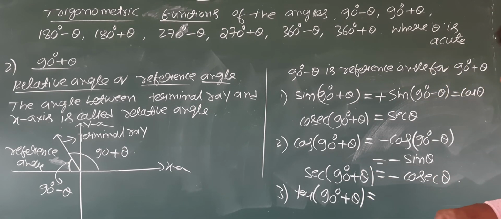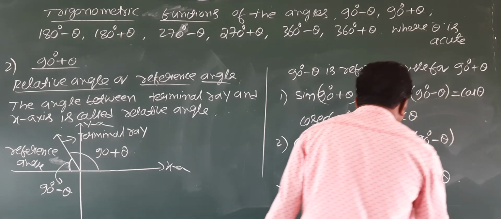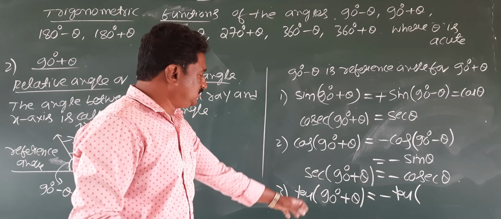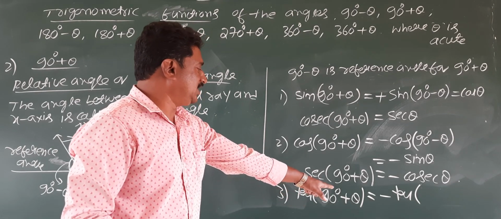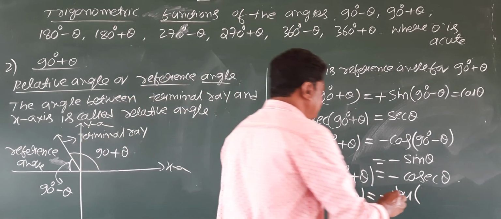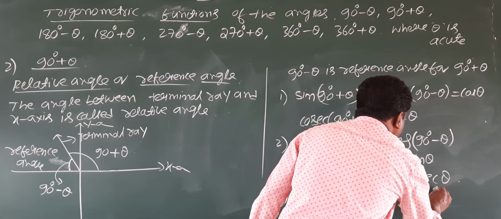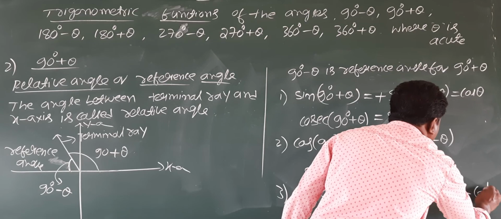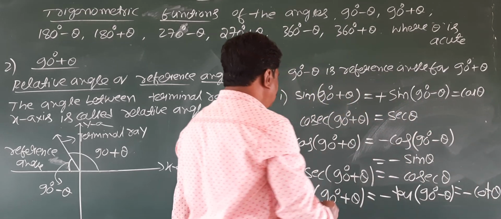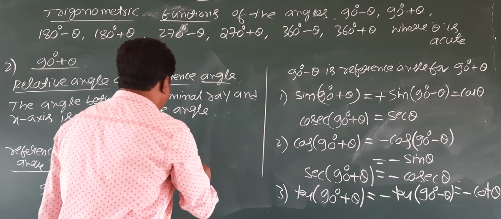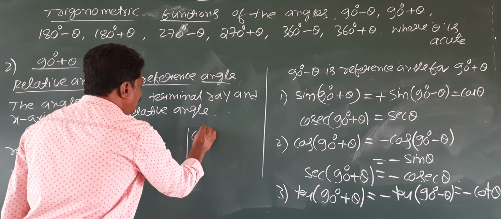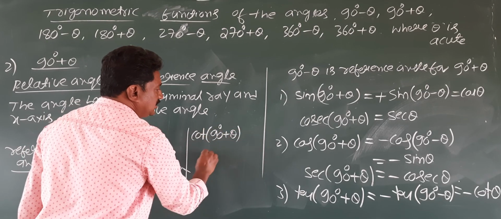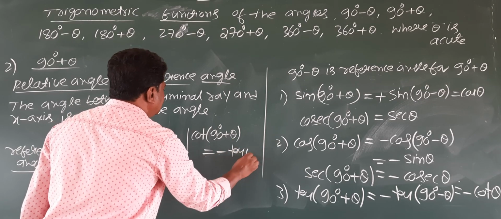Negative. So use the reference angle: the reference angle for 90 plus theta is 90 minus theta. So it is minus tan of 90 minus theta, which is cot theta. So the reciprocal: cot of 90 degrees plus theta is equal to minus tan theta.